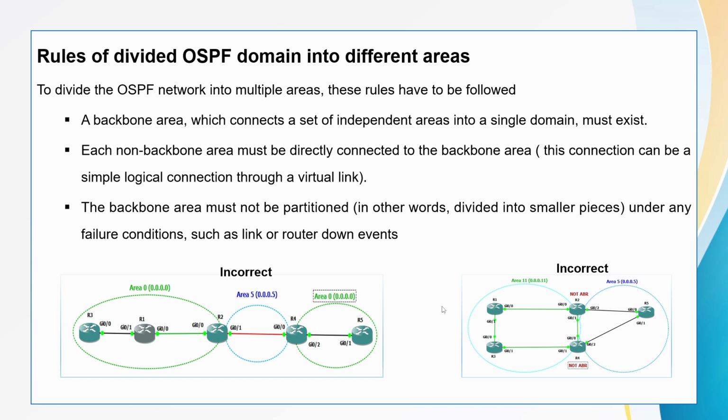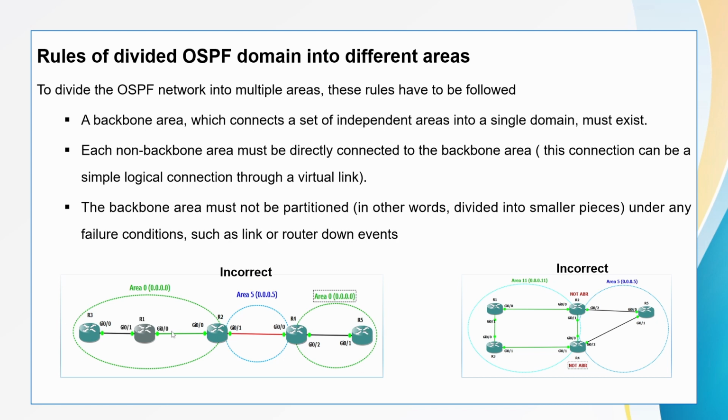such as a link or router down events. The diagram on the left-hand side shows the wrong connection. In this diagram, the two backbone areas are connected by non-backbone areas. This is not correct. The backbone area cannot be partitioned.